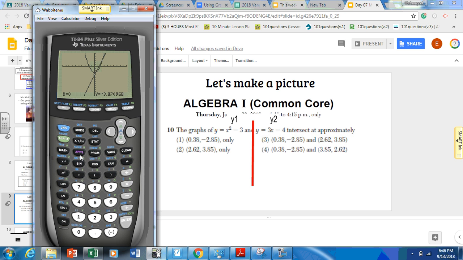So here's what we're going to do. We're going to hit second trace 5. Now we want to focus on the second intersection point. So we're going to just use this slide button, slide over. All right. Okay, that's the first line. I'm going to enter. I'm going to look at the other line.